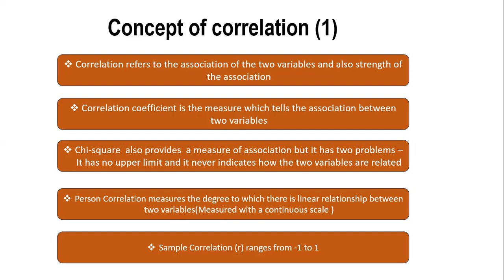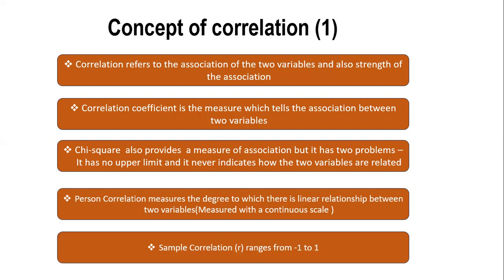And Pearson correlation, which is the most popular correlation technique used by researchers and analysts, measures the degree to which there is a linear relationship between two variables, and very importantly, the variables should be measured on a continuous scale, maybe an interval scale or a ratio scale.